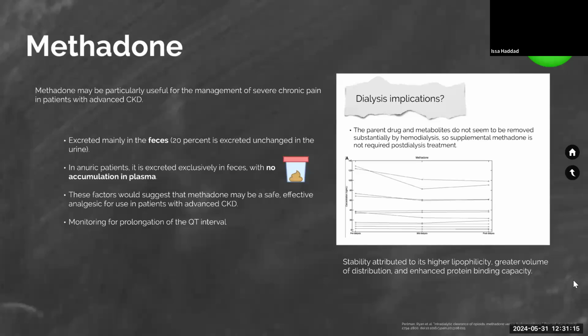So if someone is getting methadone for pain management before or after dialysis, we don't really need to give any supplemental dosages. And that is theoretically attributed to the higher lipophilicity of methadone, greater volume of distribution, so it's really in the tissues rather than in the blood, and high protein binding capacity.